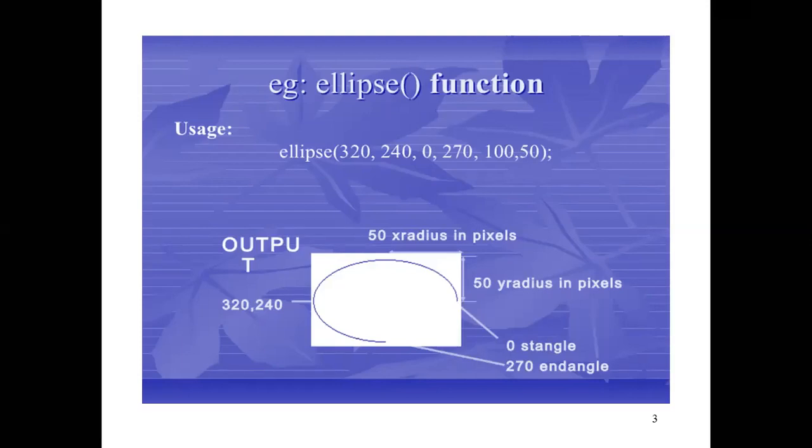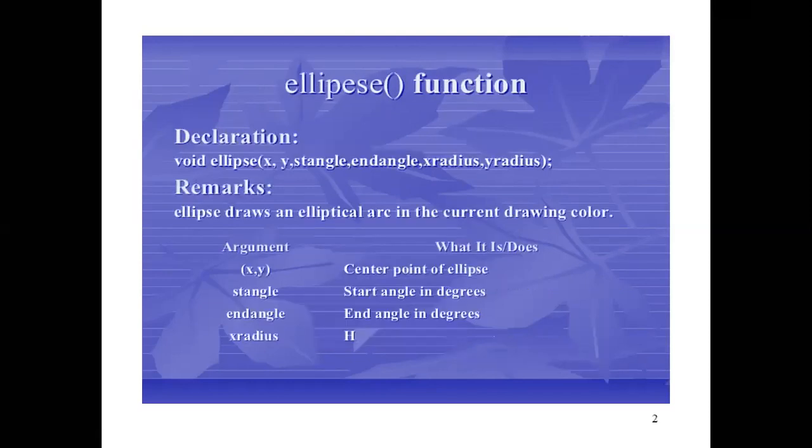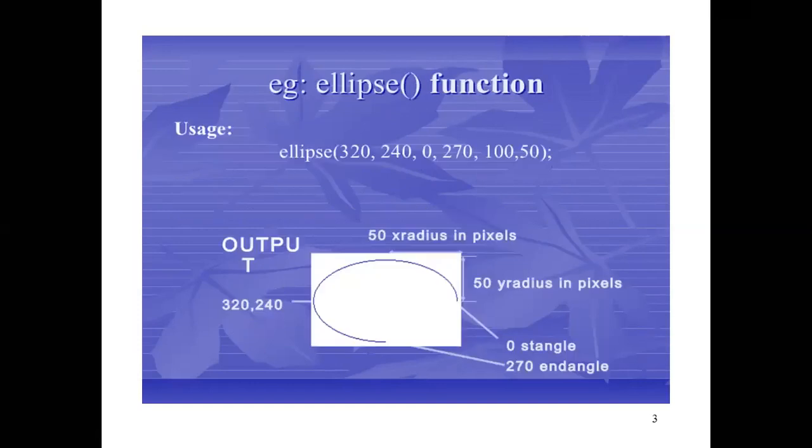You will start from 0 and rotate up to 270. Then the x radius comma y radius is also provided to you. The data is already given: 100 comma 50.